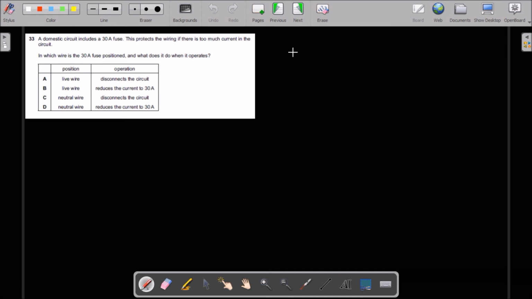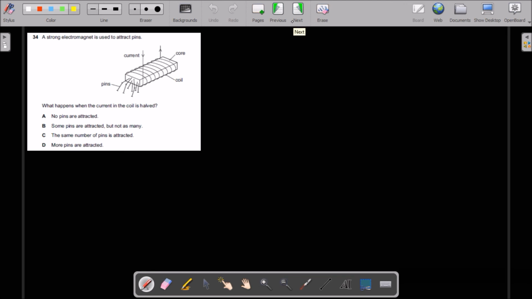Fuse and circuit breaker automatically cut the current, but switch manually cuts the current. So remember that switch cuts the current manually, circuit breaker and fuse cut the current automatically. That's why question 33 A will be right.